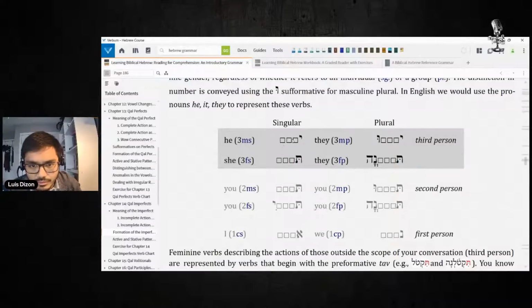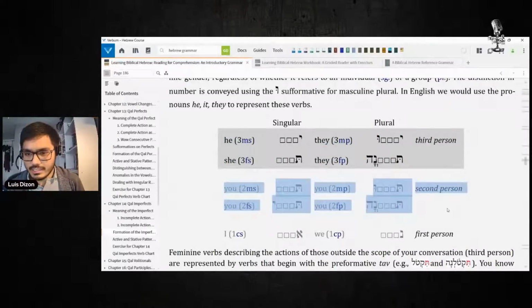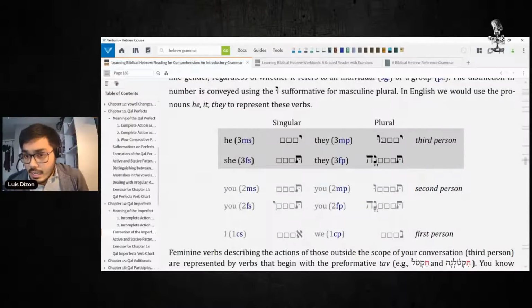And you'll notice that there's no suffix for the singular form, whereas there are for the plural forms. So that's how you will remember it. Yod means it is male, whereas a tav means it's female. Of course, that's not always the case. Once we get into second person, it gets complicated.